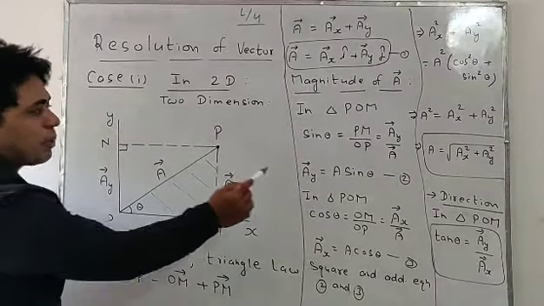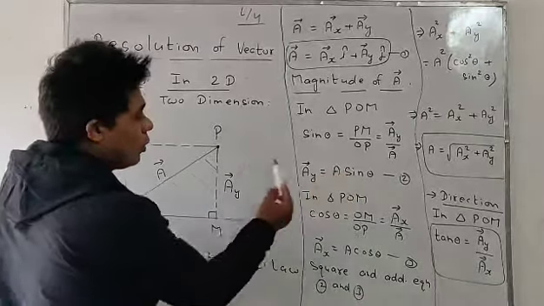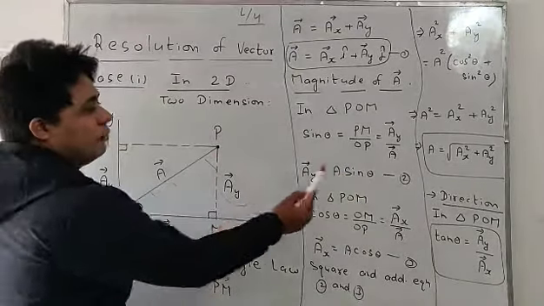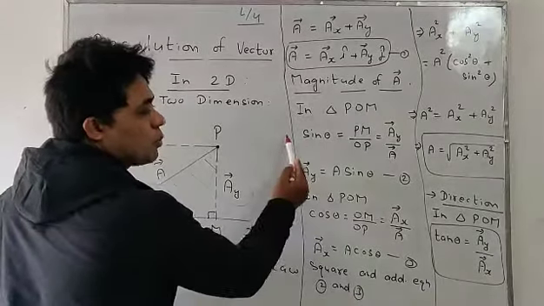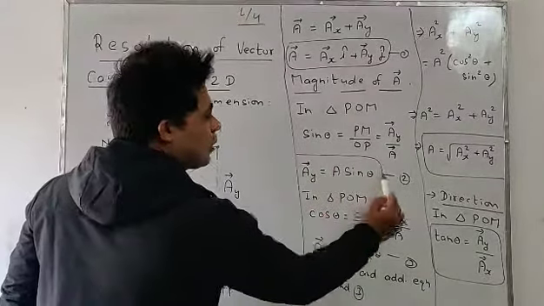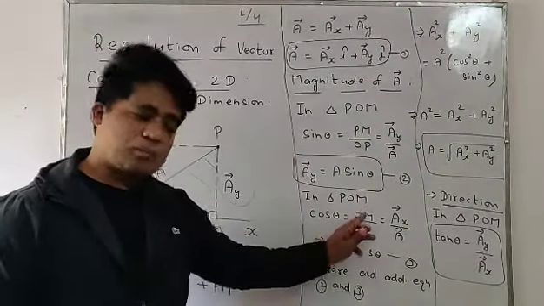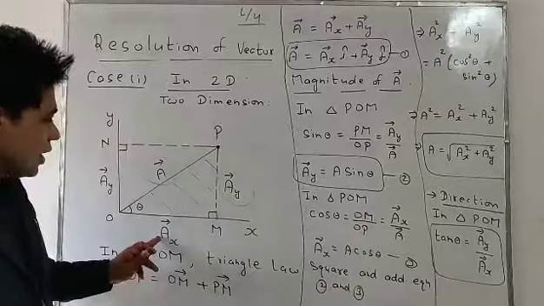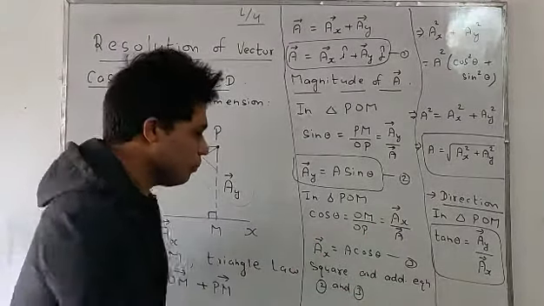PM is the perpendicular, opposite to theta, and OP is the hypotenuse. PM is representing vector AY, and the hypotenuse is vector A. Cross multiply, and AY will be A sin theta. Similarly, when I apply cos theta in this triangle, base by hypotenuse, base is AX and hypotenuse is A. That gives AX as A cos theta.